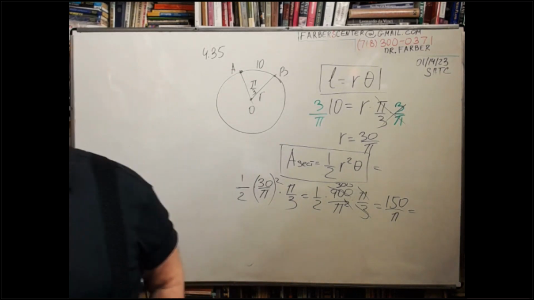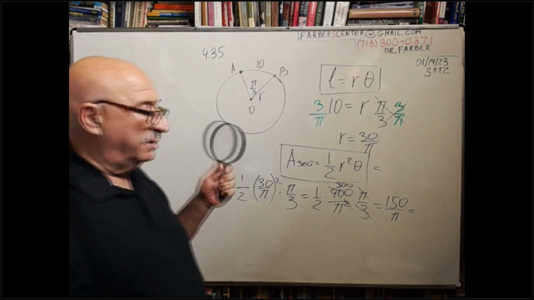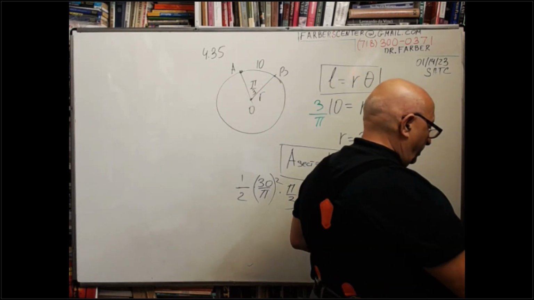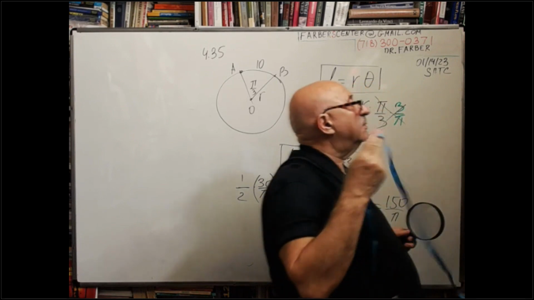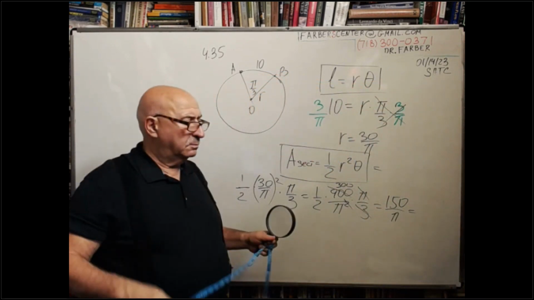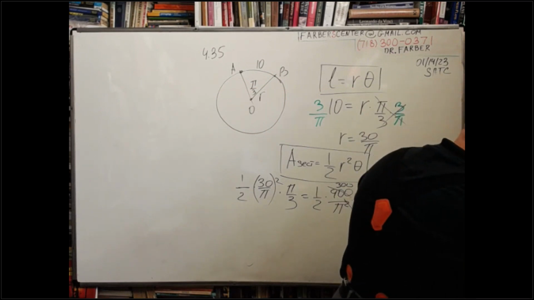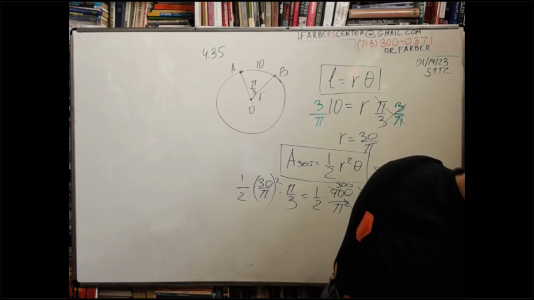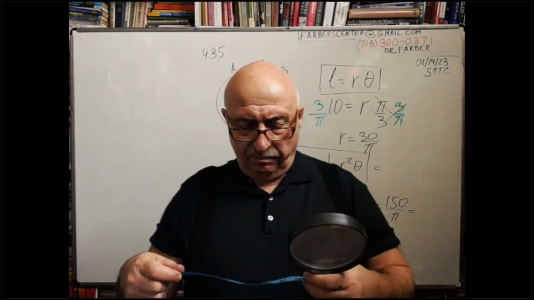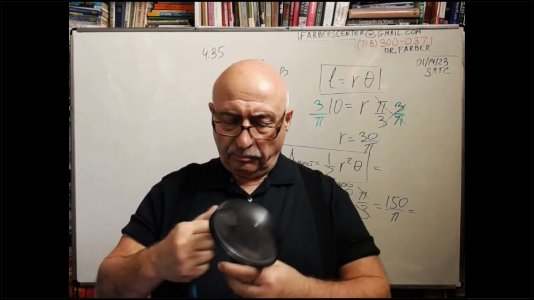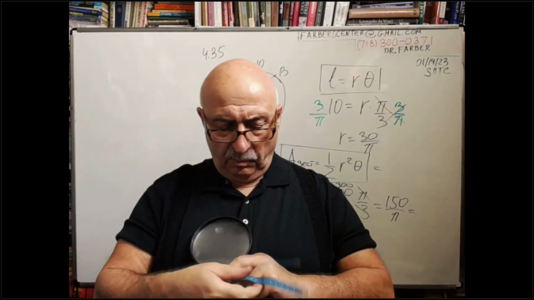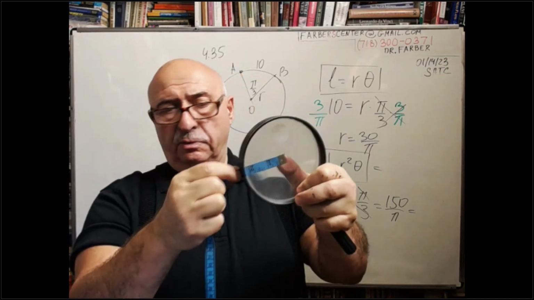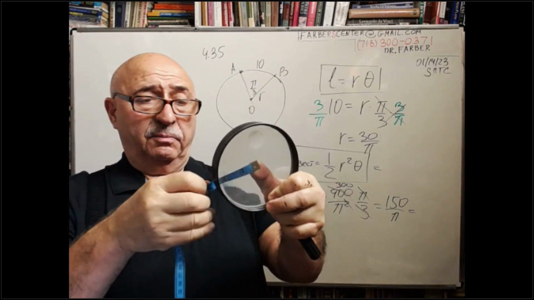Well, let me pretend this is a circle, right? If I measure the radius with a measuring tape, make this line over there.